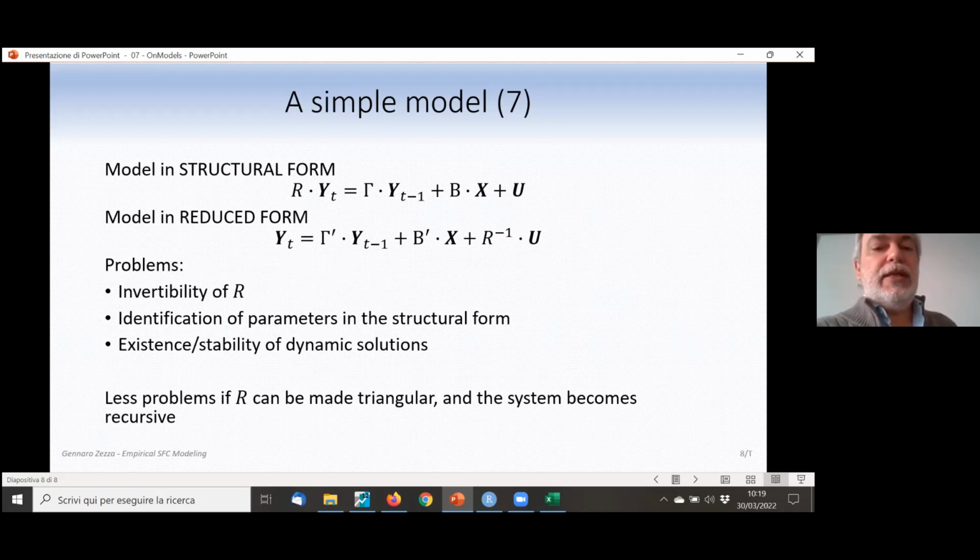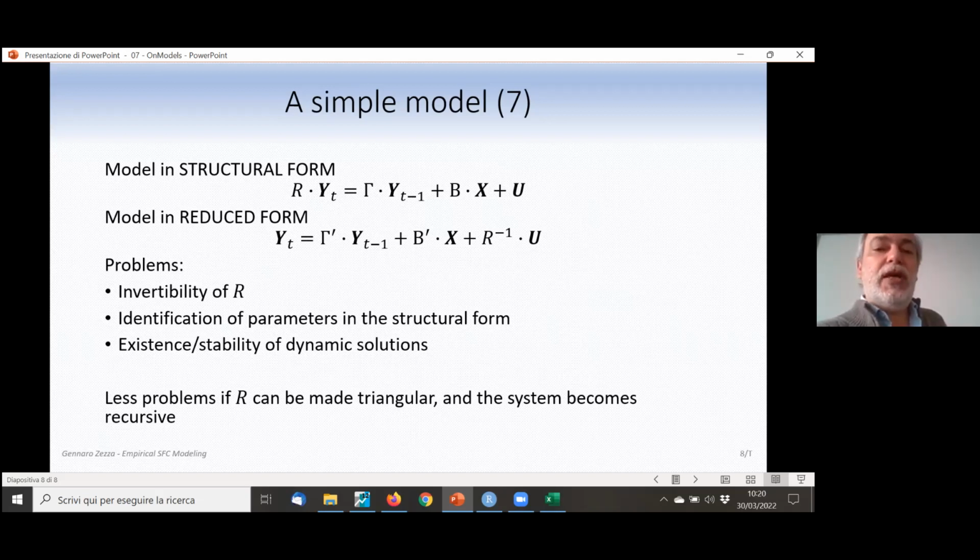The second one is that if we need to estimate these parameters, the standard econometric approach says that we cannot estimate the structural form directly, because if the R matrix is a full matrix, we will have endogeneity of the regressors. So in our case, consumption will depend on the stock of capital, and the stock of capital will depend on consumption.